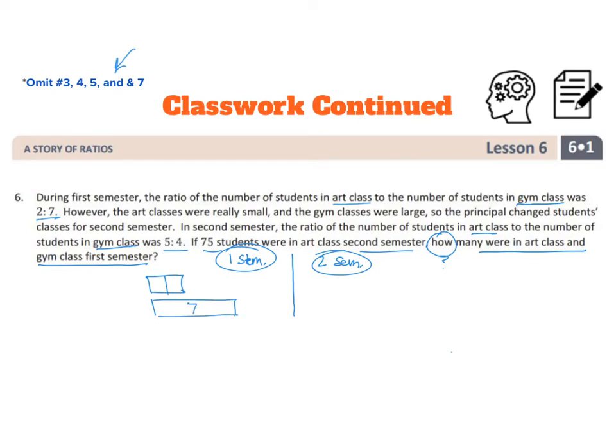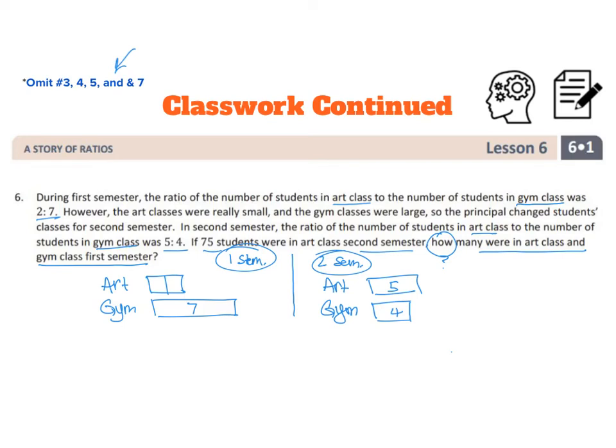Okay, and this was art and gym. Okay, now I'm over here, art and gym, and there was a change. It changed to 5 and 4. And that should not be bigger, should it? No. So let me just take that. I will make it visually accurate.